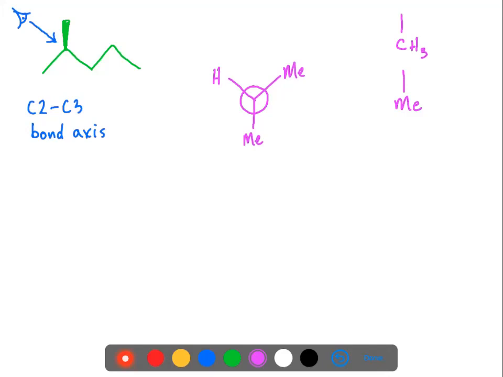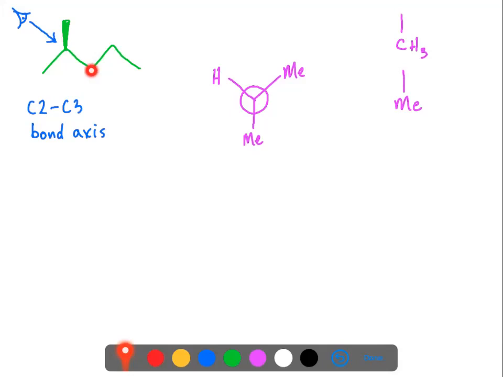All right, so we have our first carbon completed. We have a methyl group straight down, a methyl group on the right, because it comes above the page and we're looking down the C2-C3 axis, and the hydrogen to the left, which is not shown in our bond-line structure. Now let's complete what's attached to the back carbon. So this is this carbon here. And what's attached to this carbon is a CH2CH3, that fragment of the molecule.